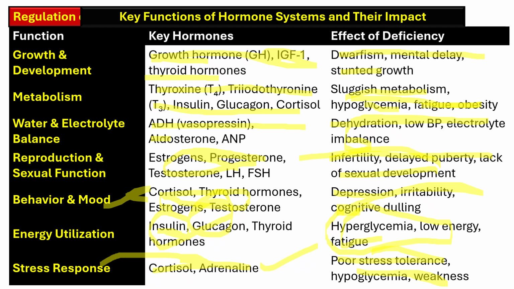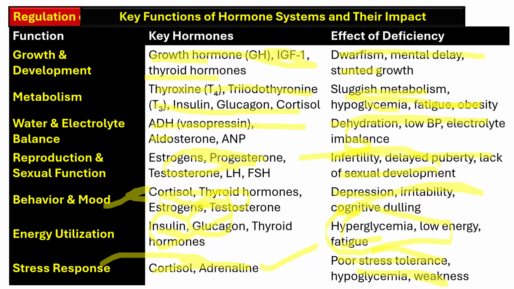Growth hormone deficiency will result in stunted growth in children and muscle loss in adults, while thyroid hormone deficiency will result in the clinical picture of myxedema, slowed reflexes, and fatigue. Insulin deficiency will result in diabetes mellitus and glucose intolerance.